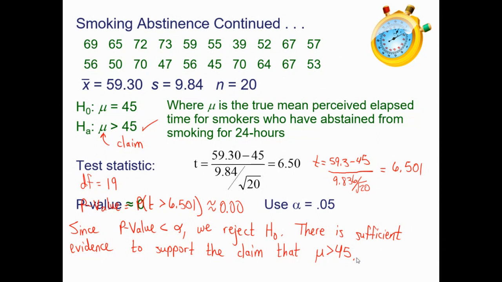I would actually say what mu is in this conclusion here. Does that make sense? I'm trying to split the wording here between what AP wants and what dual credit is going to see on their assignment.